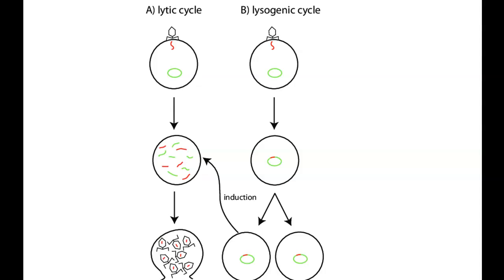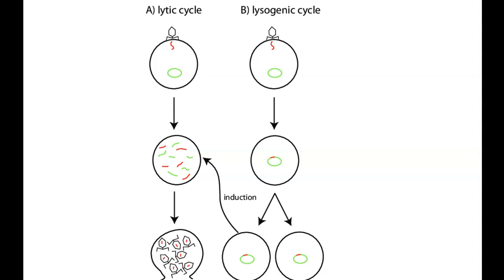So with that middle picture, you can see the green bacterial DNA and the red bacteriophage DNA, which is sneaking into that DNA. Now, the cell has no idea that that viral DNA is integrated, and it just keeps dividing over many generations until something happens.